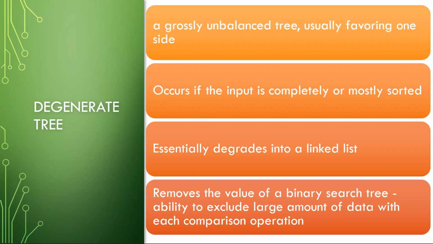So it's a grossly unbalanced tree, usually favoring one side. This occurs if the input is completely or mostly sorted. Essentially, degenerate trees turn into a linked list, and we don't get that log n that we're hoping for in actual execution time. We only get n.